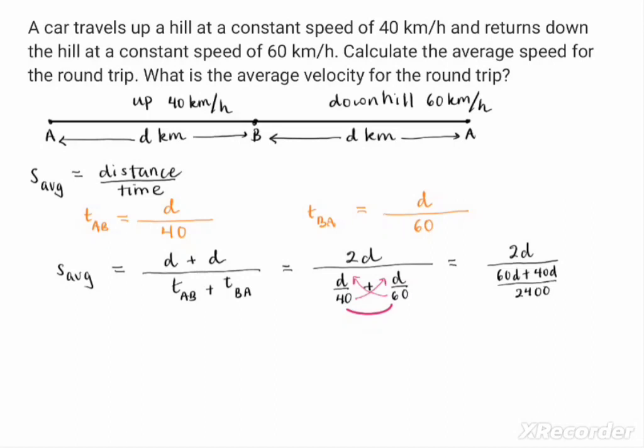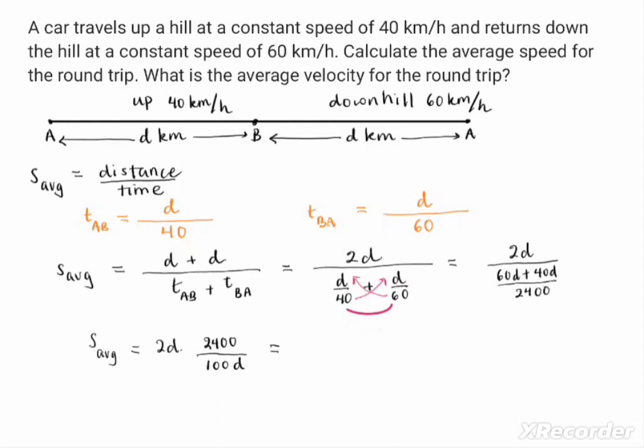So if we simplify that, we have S average, which is 2D, that's the numerator, and then we have the denominator, so we are going to multiply and flip. So we have 2400 divided by 60D plus 40D, which is 100D.